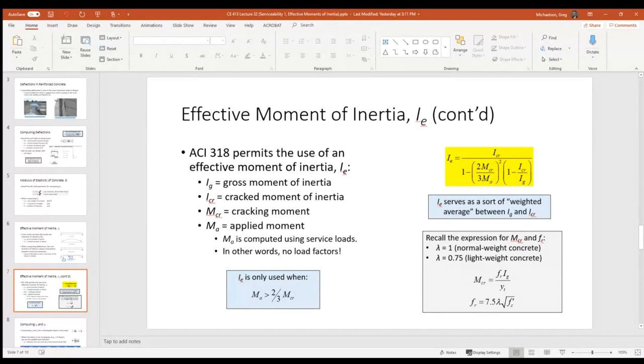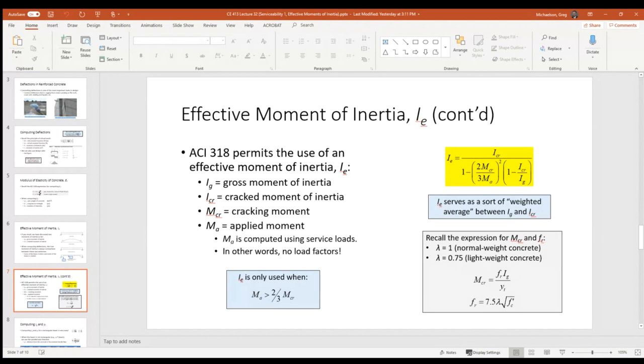The old formula had been in place for like 55 years, and they finally updated it to reflect the physical behavior of the beams a little bit better. So this is our new formula for the effective moment of inertia. It serves the same purpose. Instead of using the full-blown gross moment of inertia or the cracked moment of inertia, it's somewhere in between.